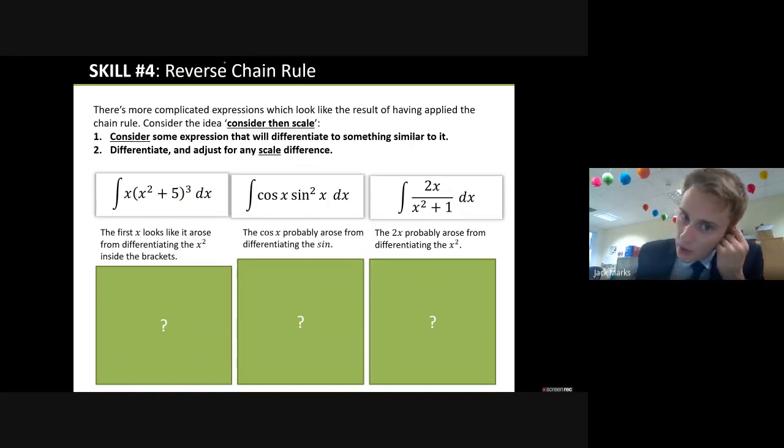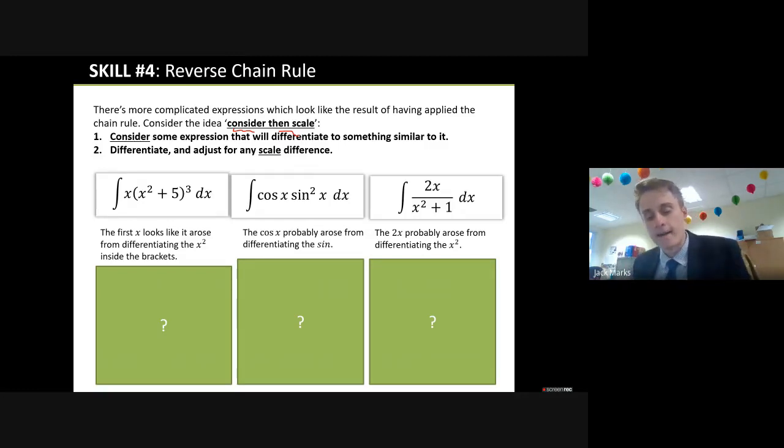Okay, so we've sort of seen already this idea of considering and then scaling up or down to integrate. So we're going to do the same thing now, but instead of just doing that when we have something like 3x and then using a third, we're going to deal with slightly more complicated situations. So this one here, I'm looking at this as an x on the left and then a bracket to the power of 3 on the right.